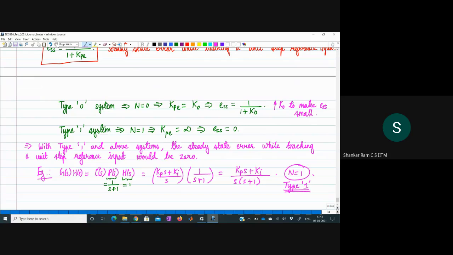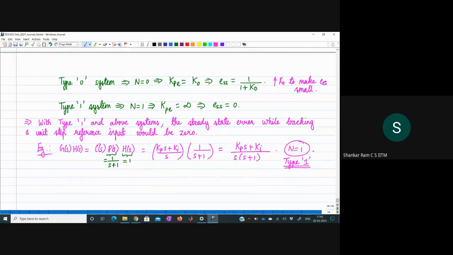What we can do is add an integral controller, and from today's analysis, we have figured out that the addition of an integral term in the controller will lead to at least the value of capital N being 1, if we did not have an integral term in P of S and H of S. And we can immediately see that the steady state error for tracking step reference inputs will be 0 for type 1 systems and above.